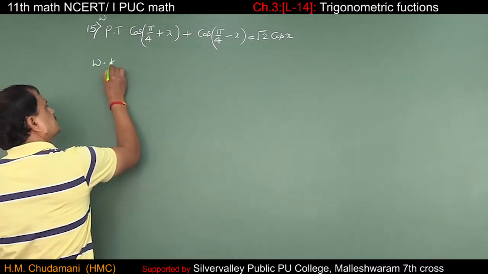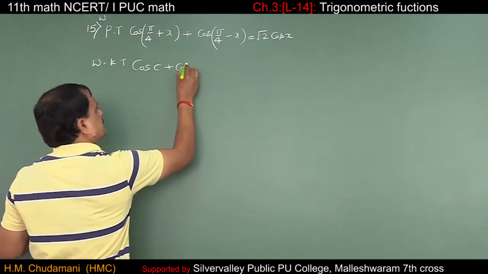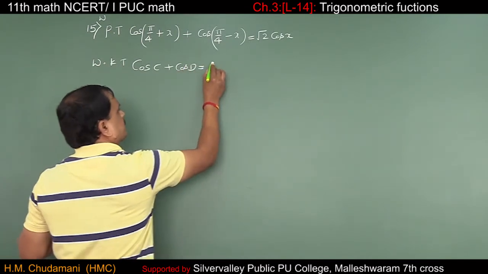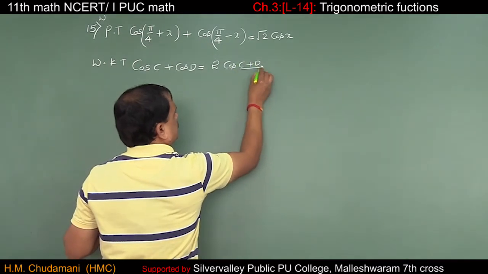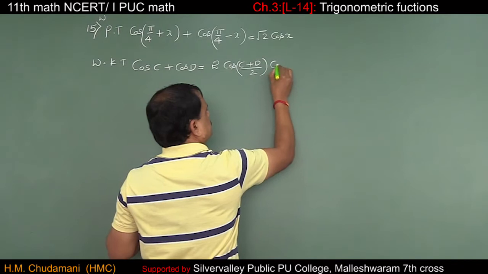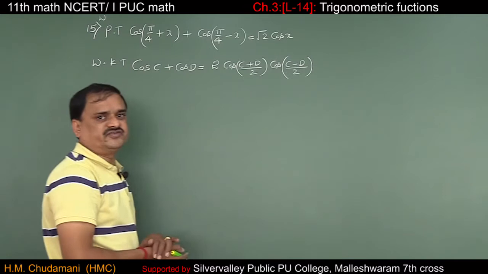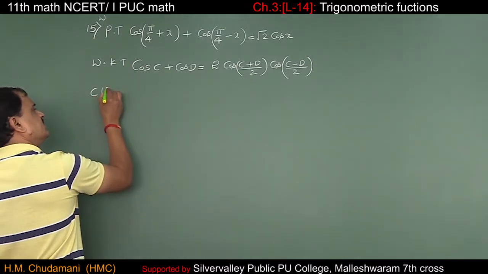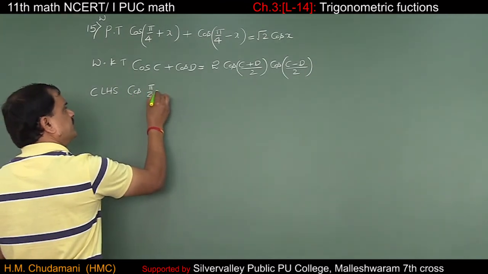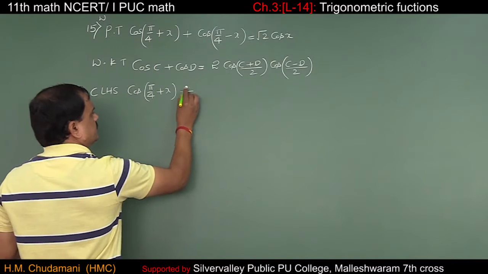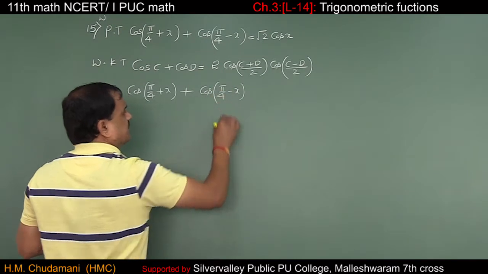We know that cos c plus cos d is equal to 2 cos c plus d by 2 into cos c minus d by 2. Now look at the left hand side. Cos of pi by 4 plus x plus cos of pi by 4 minus x.